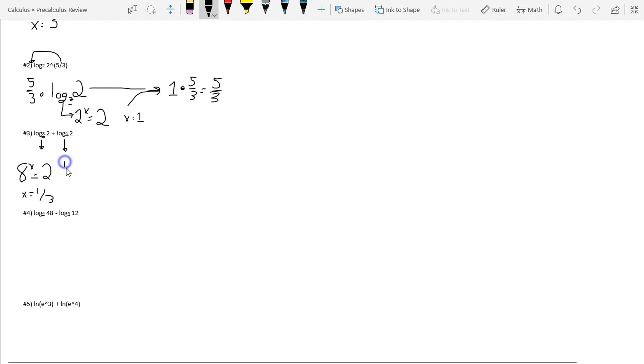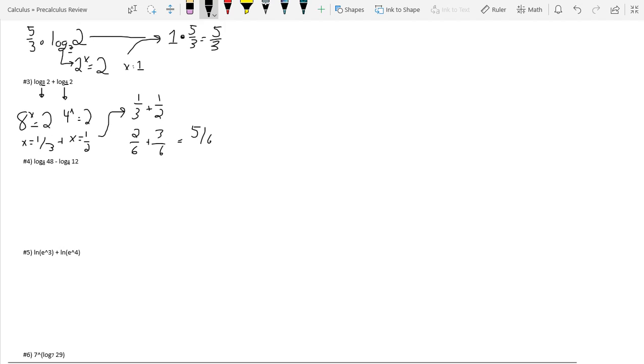And for this one, 4 is my base. 4 raised to the x equals 2, and x equals 1/2. So I'll take my solutions to both and add them together. 1/3 plus 1/2. I'll make my denominators the same. 2/6 plus 3/6 equals 5/6. And that is my answer to number 3.